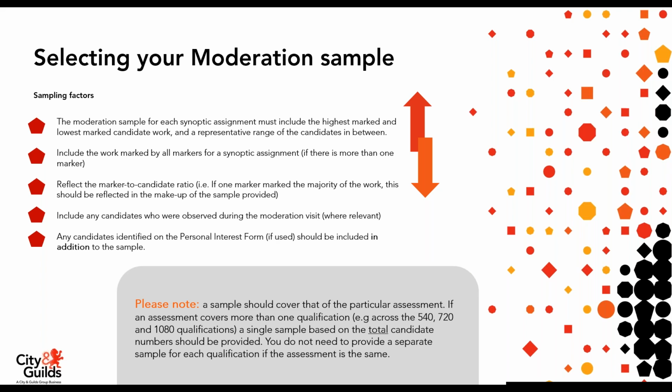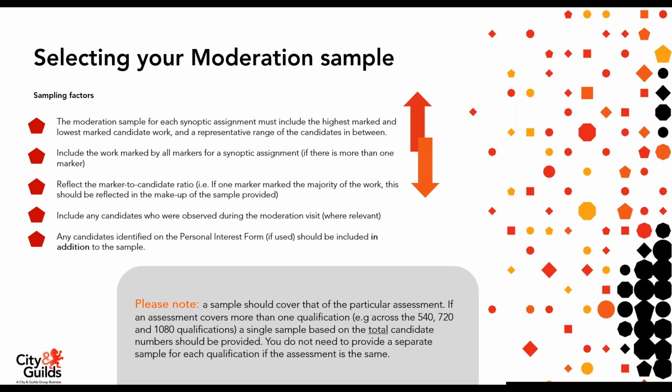So for example, if that doesn't make sense, we have the animal management qualifications, where in the first year of the 2-year courses, they do the 030 assessment, but that covers various sizes of that qualification, the 540 qualification, the 720.